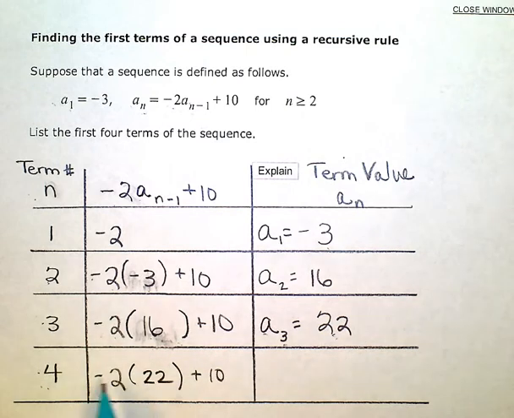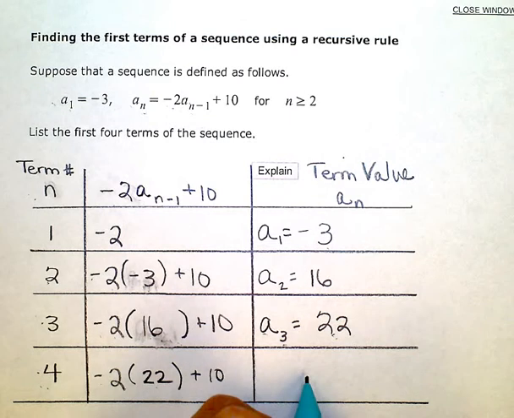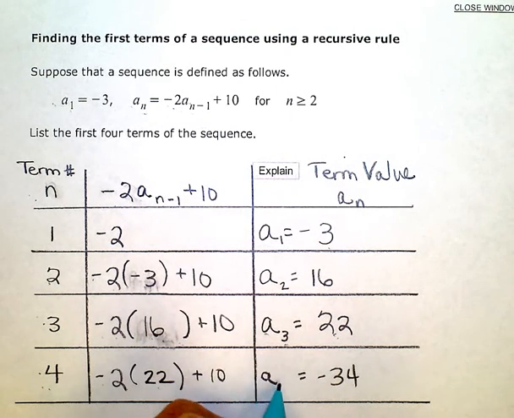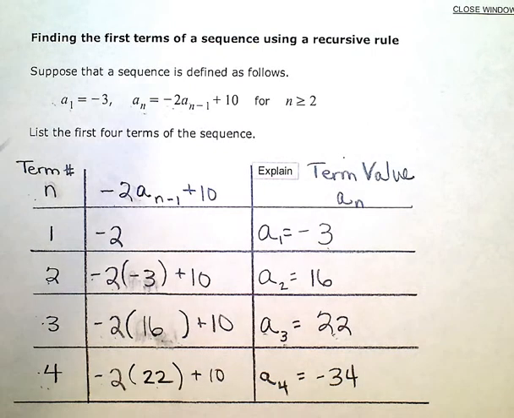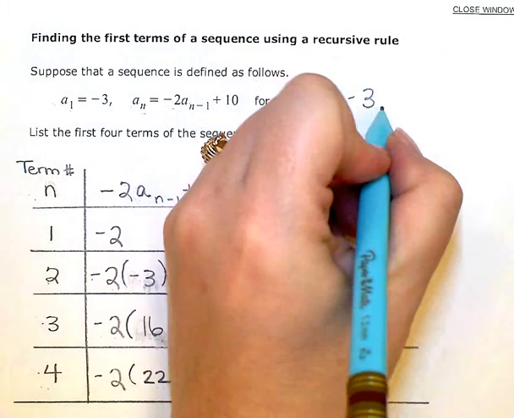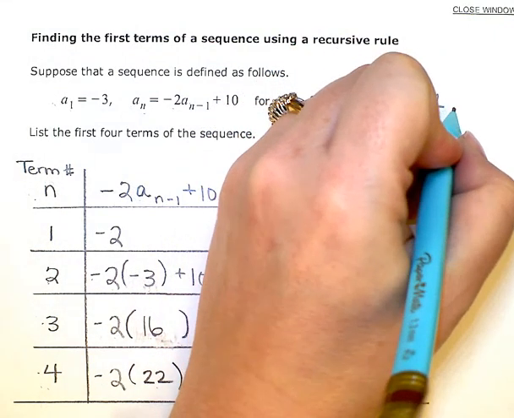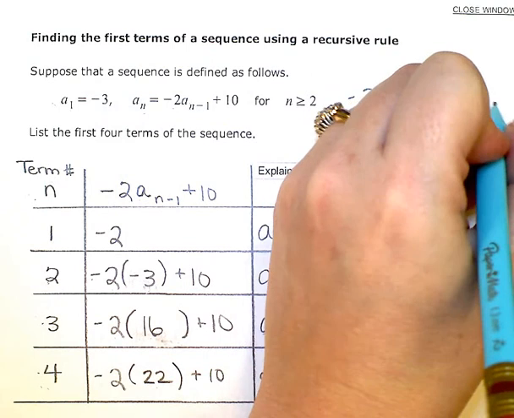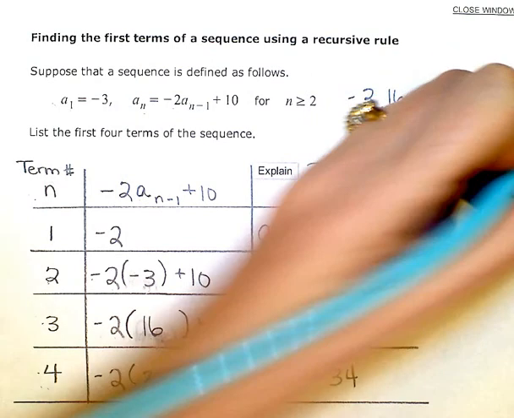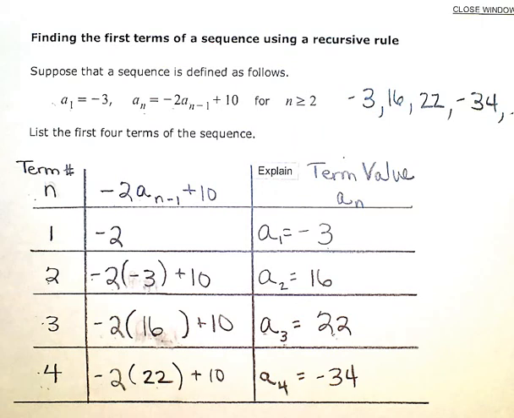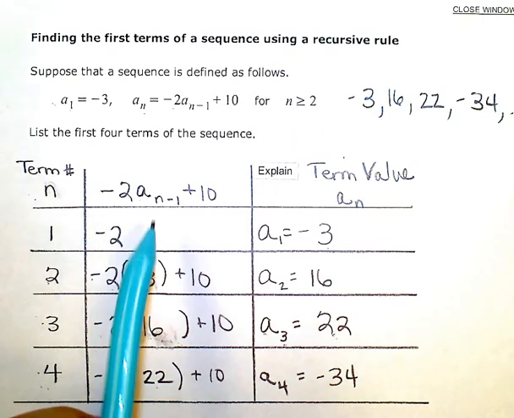Negative 2 times 22 is negative 44, plus 10 is negative 34 for the value of the fourth term. So my sequence as a list would look like this: negative 3, comma, 16, comma, 22, comma, negative 34. And I could generate as many more terms as I wanted to, right, based on this set of instructions.